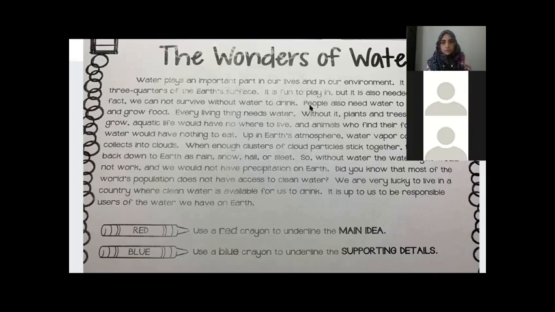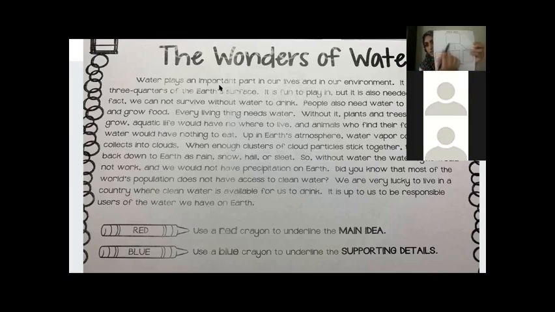The main idea we have done. So, the main idea is water plays an important part in our lives. So, I have this chart, and when we start writing in this chart, it goes like this. I have it drawn out.